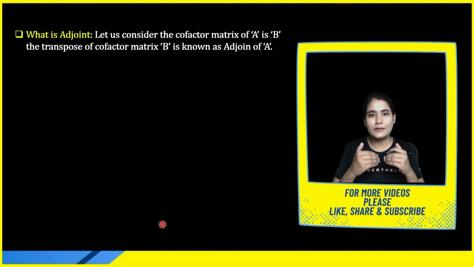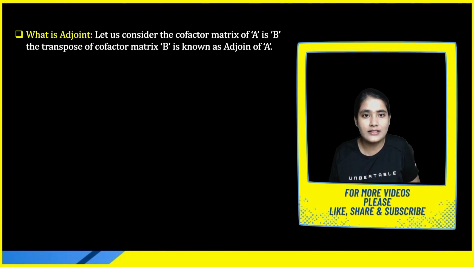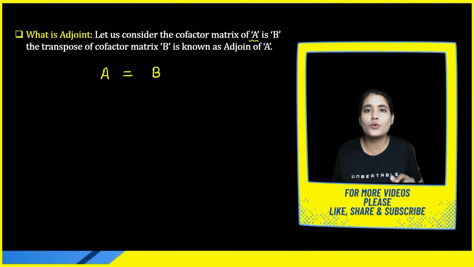So first let me discuss the definition of the adjoint of a matrix A. Suppose that we have one matrix A. With the help of the matrix A, you can create its cofactor matrix. Don't worry, I will give you an idea how to find the cofactor matrix.